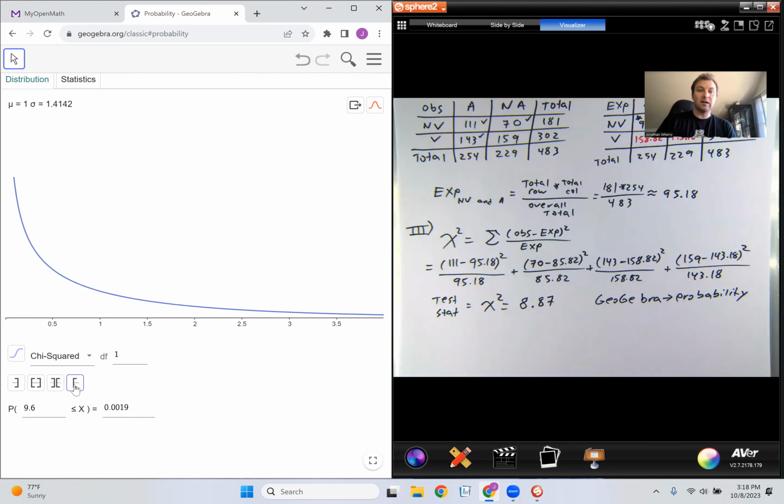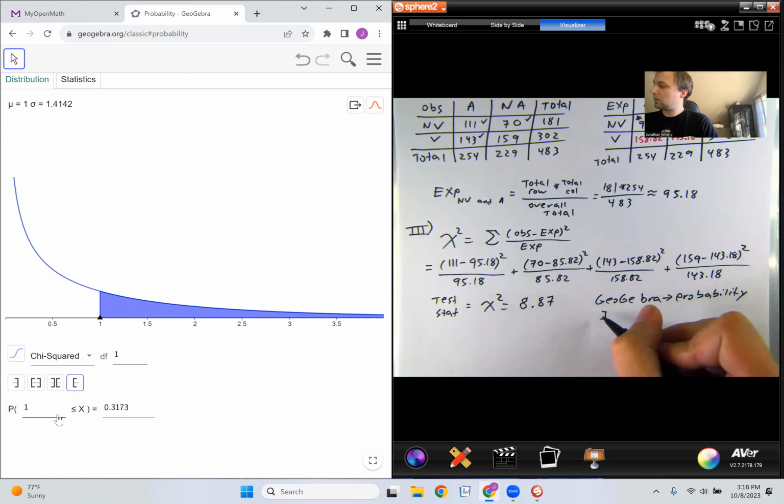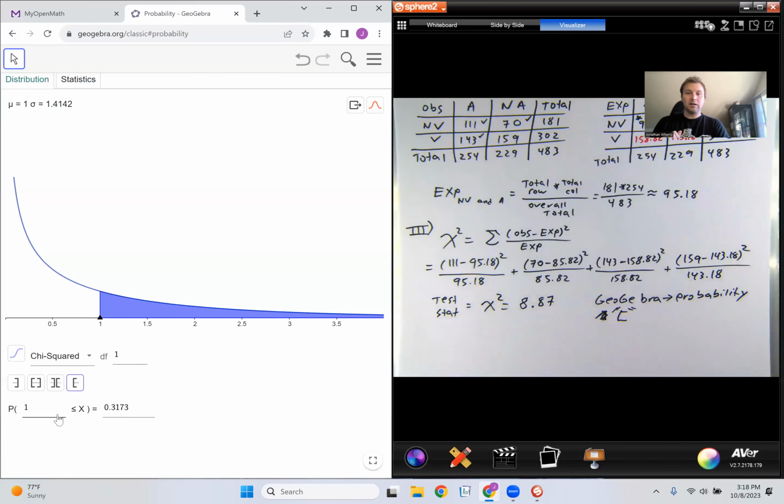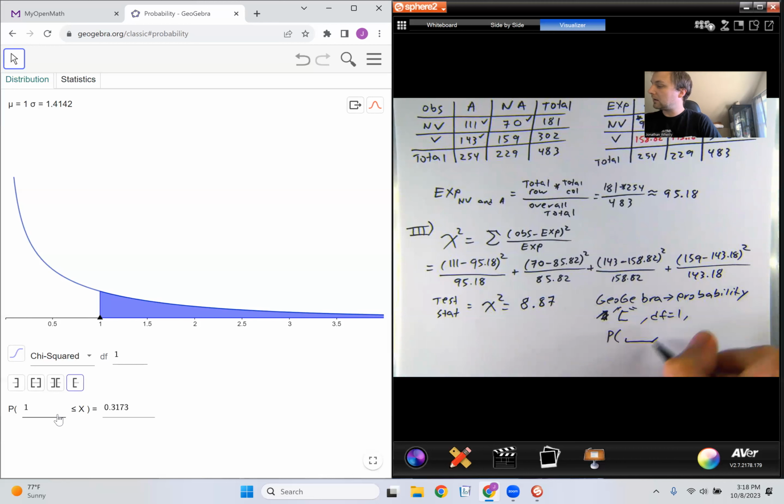I'm going to choose the shade right option, since it shades this to the right. And then I'm going to have a blank spot on the inside. That's your chi-squared number. And the number that it spits out on the outside, that's going to be your p-value.